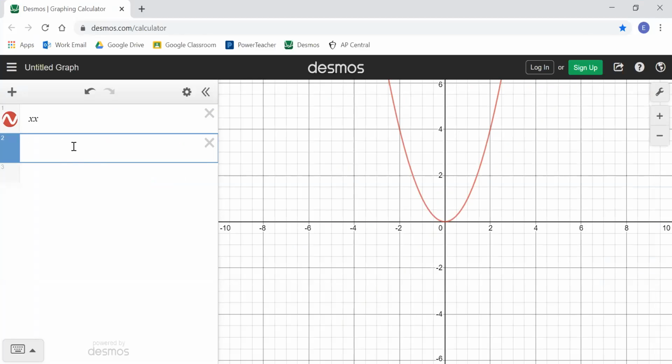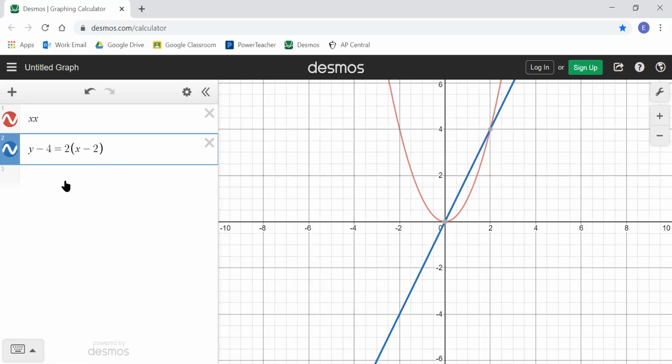So that should be y minus 4 equals 2 times x minus 2, not just x. And then the other one that goes through 1, the point's (1, 1), so it should be y minus 1 equals 2 times x minus 1.